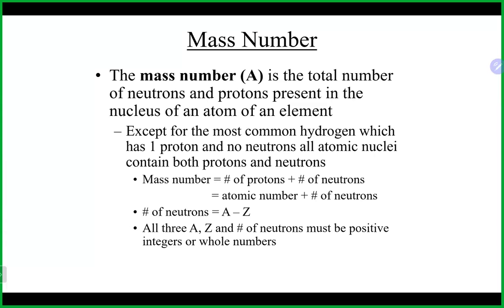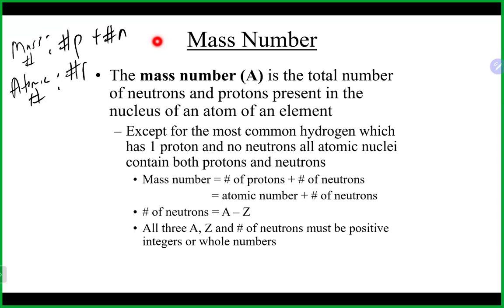The mass number, which is the protons and neutrons present, is really important because it is the number of protons plus the number of neutrons. If you take the atomic number that we just talked about, which is the number of protons, and subtract the two, the protons cancel, and that gives you your number of neutrons.